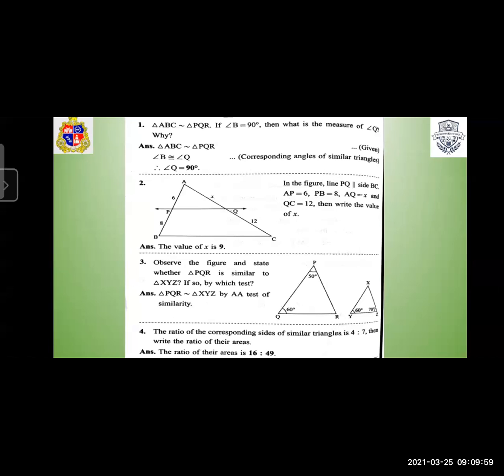Question number 3. Observe the given figure and state whether triangle PQR is similar to XYZ. If so, by which test? See, this one is 50 degrees. This one is 60 degrees. Then we have to check this one. So this is 60, yes. Then this one is 50. When we add 60 plus 70, that is 130.